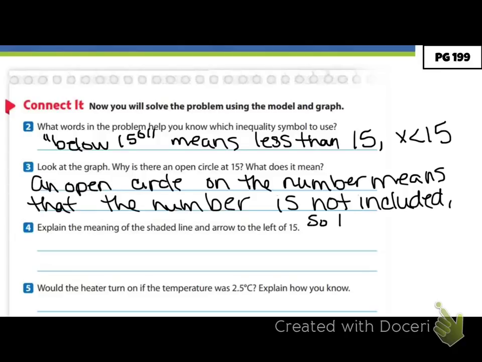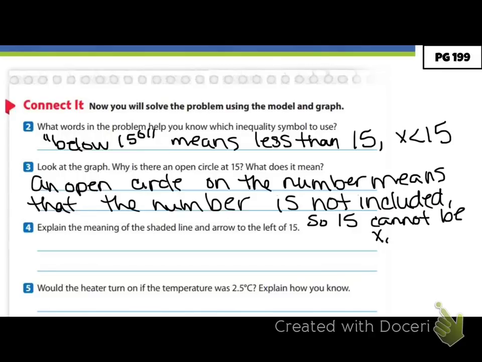So 15 cannot be a solution, or cannot be x. Okay? It can go up to 14.99, but it cannot be 15.